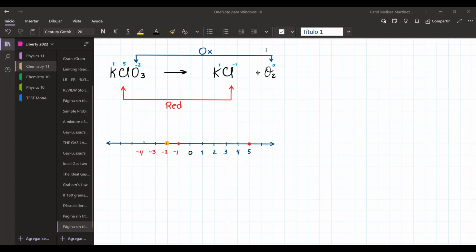And then it moved to the position 0. It moved 2 spaces to the right, which means that the oxidation number was increased because the motion on the number line is to the right. Because the oxidation number increased, we say that this is oxidation.